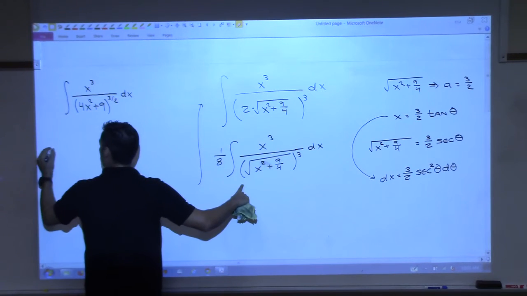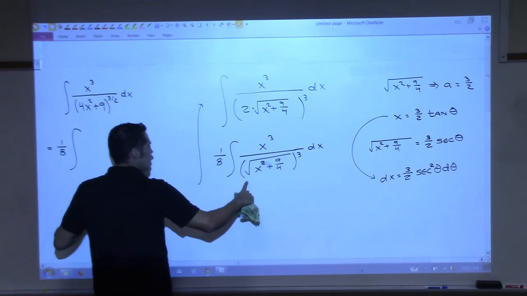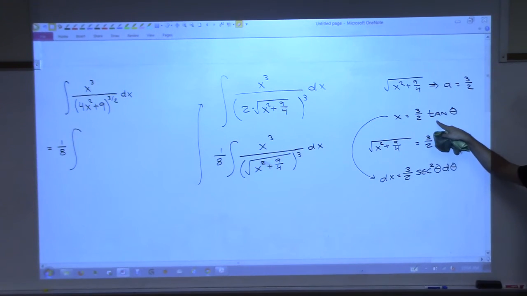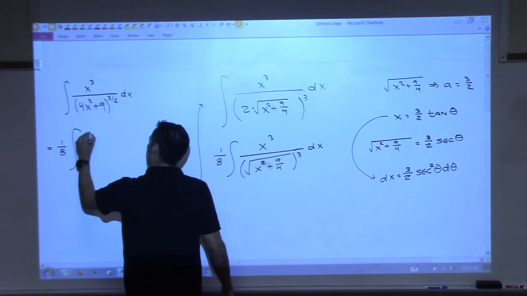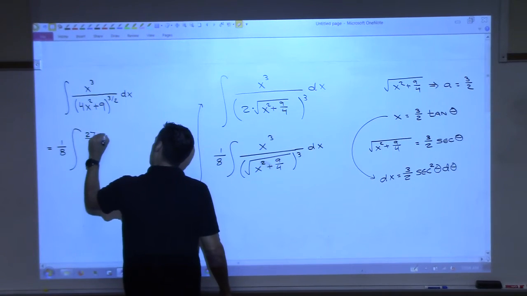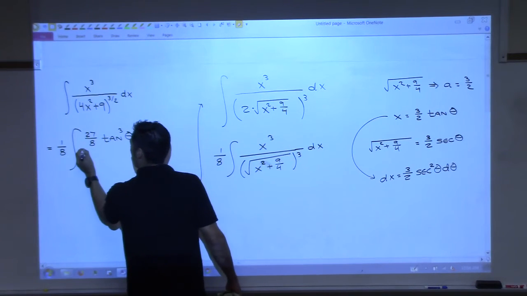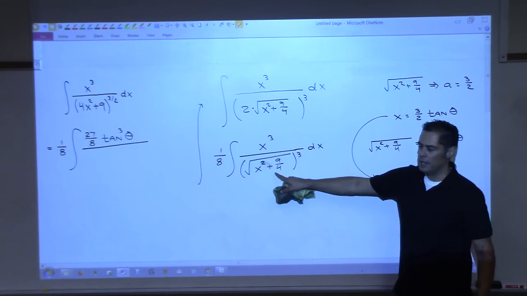This integral becomes 1/8 integral x cubed on top, right? That's x, so I'm going to cube it. 27/8. I'm cubing this and then cubing that, so 27/8 tangent cubed theta over the root thingy, right?